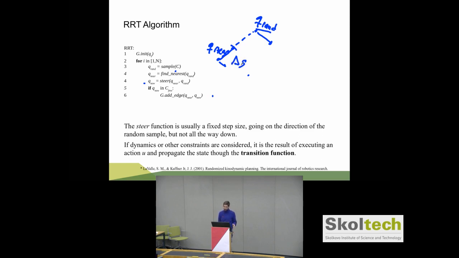So we have this delta S. And then, well, basically we start adding edges, and we know for sure who is the parent, right? So this is going to give us a great way of solving this later, because after we find the final configuration, the only thing you need to do is just backtrace all your parents until you get to the initial configuration, and this is your solution, right?